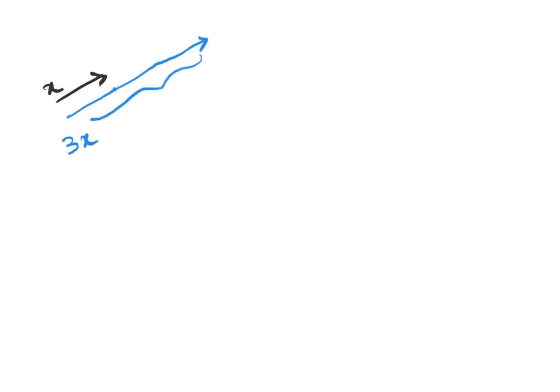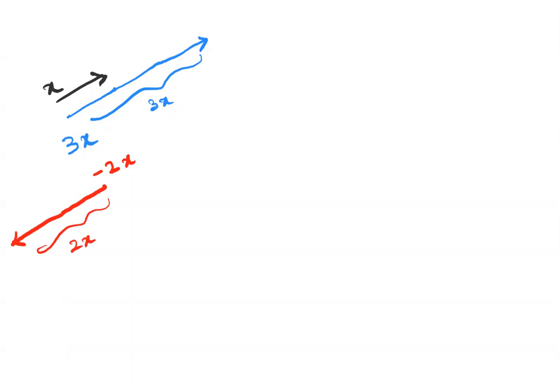However, if it's multiplied by a negative number, let's say -2x, it's going to be the opposite direction, but the length is going to be twice.